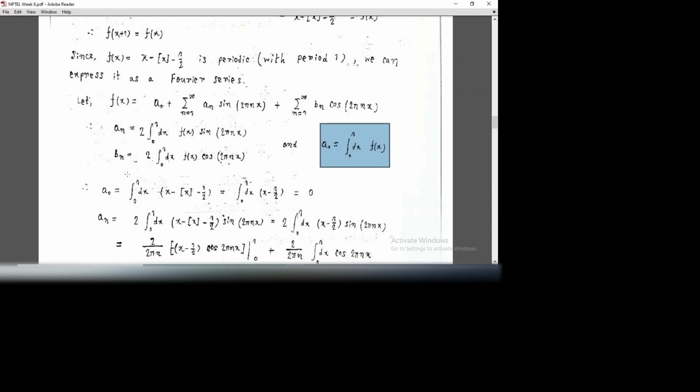So I have just substituted fx here, and now we have to use the property of the fx. In the integration range 0 to 1, box x is 0, right? Because all the x are between 0 to 1, and for any x between 0 to 1, what is the largest integer that is not greater than x?